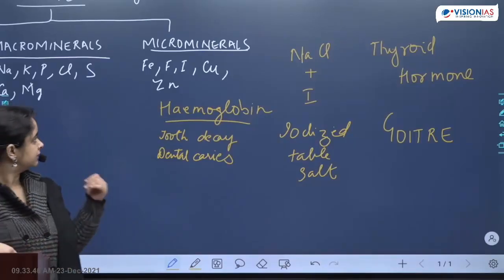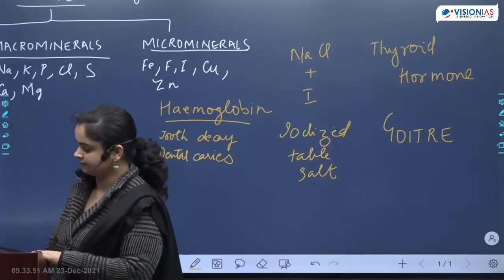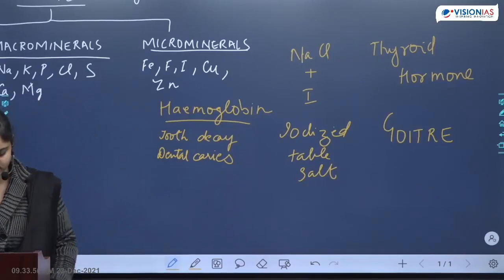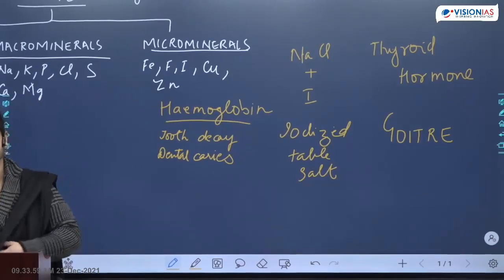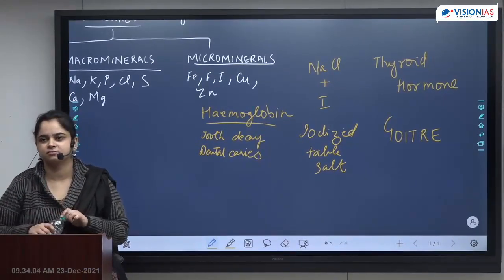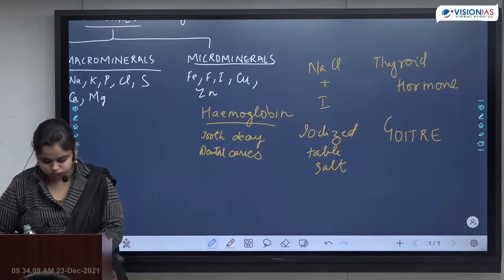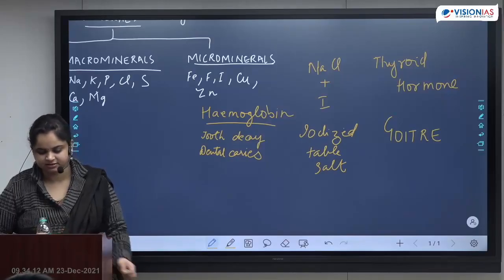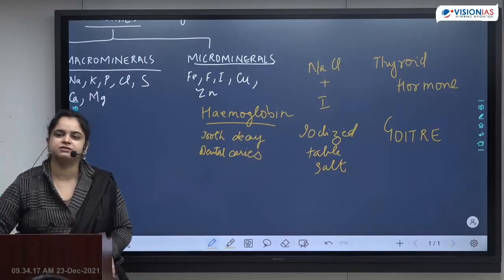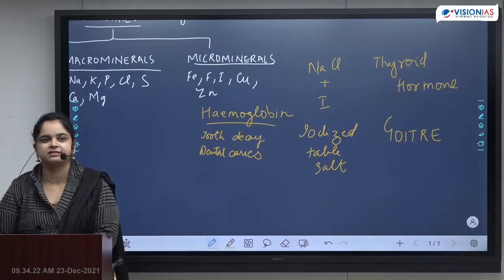Okay. Next one, copper. Sources: pulses, nuts and seeds. It helps in the functioning of enzymes.